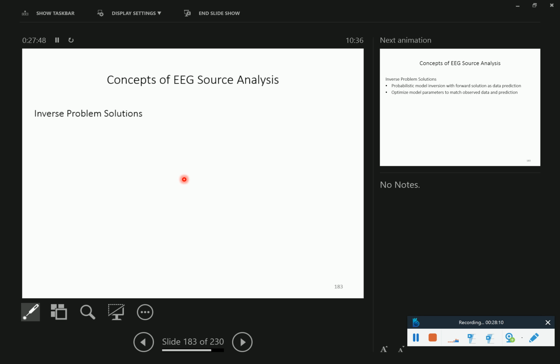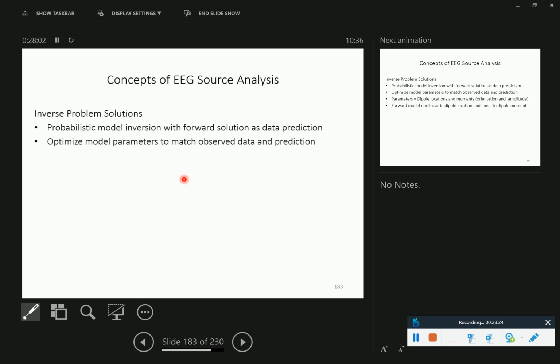And that means that the logic for inverse problem solutions is fairly close to the logic of parameter estimation. So you have some data, you have some constraints, which is the forward solution, and you want to estimate some parameters. So essentially, it's a probabilistic model inversion with the forward solution as data prediction.